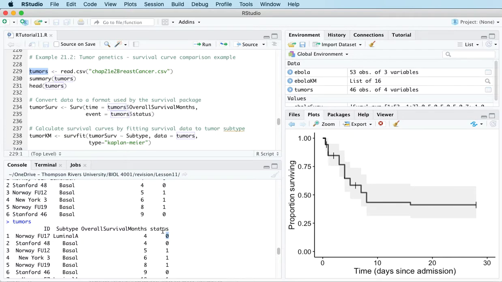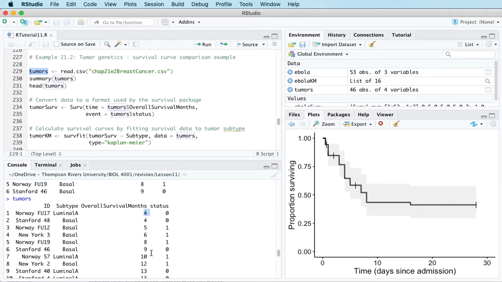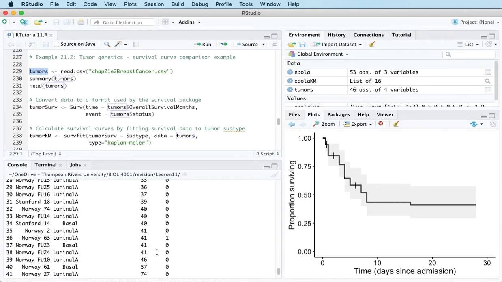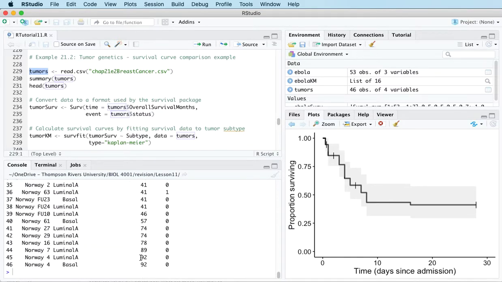So we don't know the eventual outcome. All we know is that this person survived to 4 months, and this person survived to 9 months, and so on all the way down. And these two at the end both survived to 92 months, one with luminal A, one with basal.